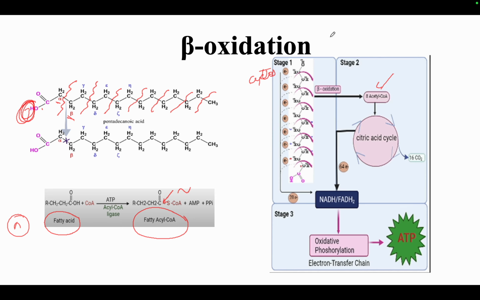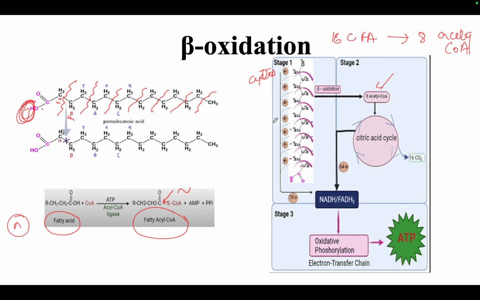If we have a 16 carbon fatty acyl chain, it will be broken down into 8 acetyl CoA. Acetyl CoA is a 2 carbon molecule, so the 16 carbon fatty acyl chain will be broken down into 8 acetyl CoA molecules, and this acetyl CoA will further go into the Krebs cycle.